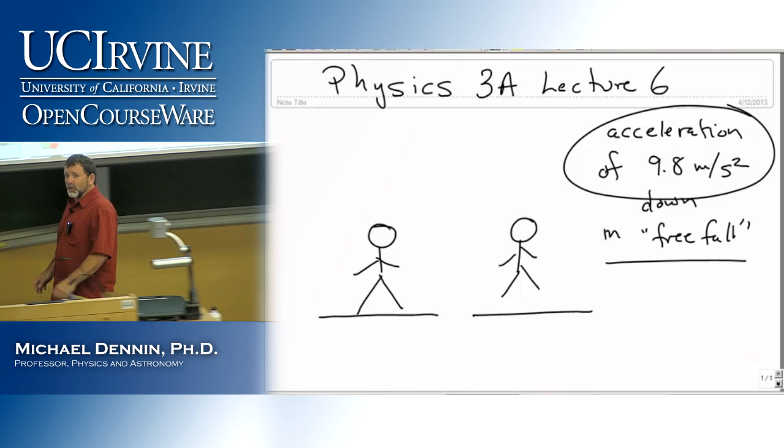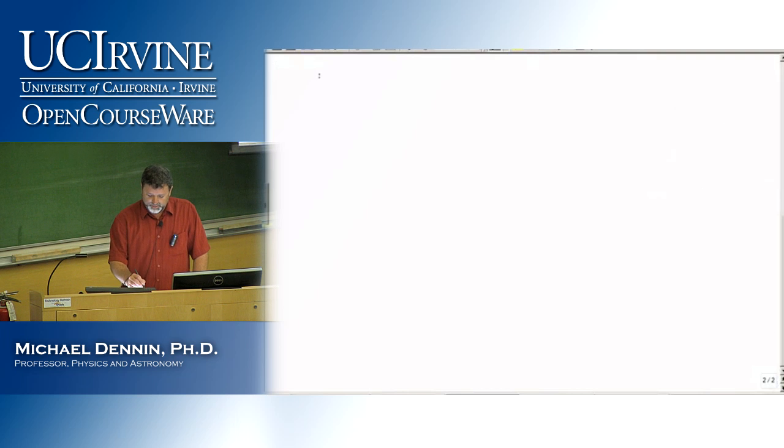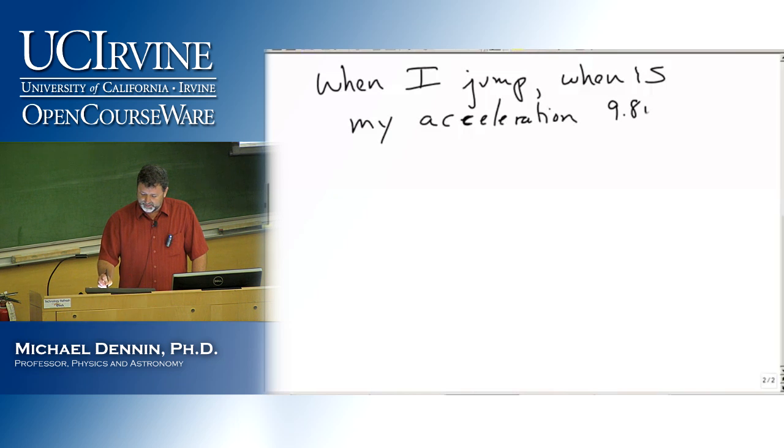Oh, let's make that a clicker question. So when I jump, when is my acceleration 9.8 meters per second squared down?